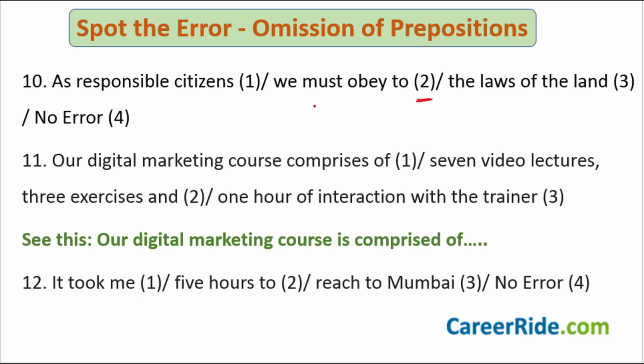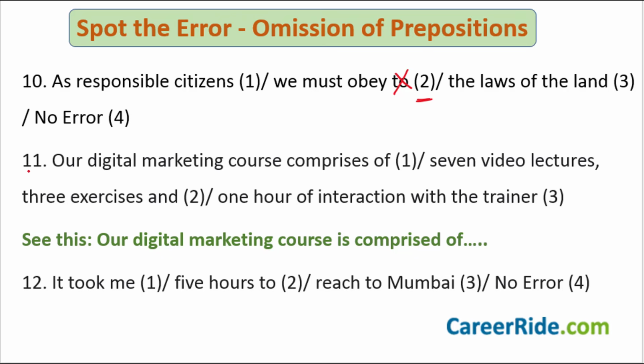What's the error? Try to find it out. We must obey to. It's not "obey to." We must obey. Right? Which means you follow the guidance, you follow the laws. So it is simply, as responsible citizens we must obey the laws of the land. It should not be "obey to."